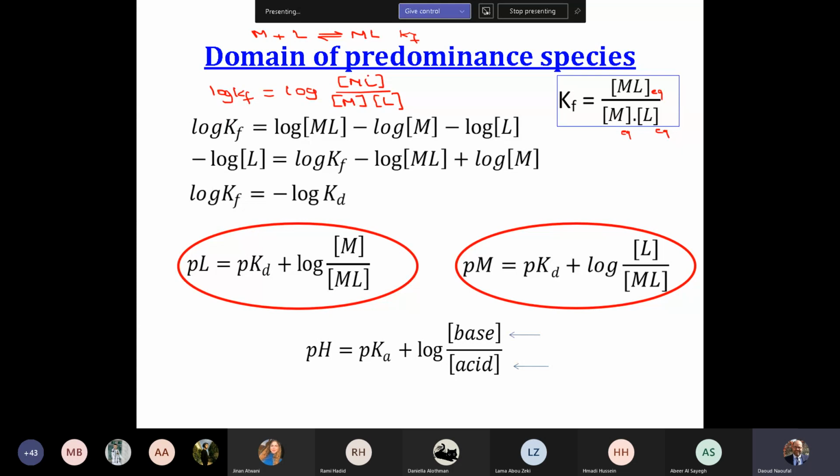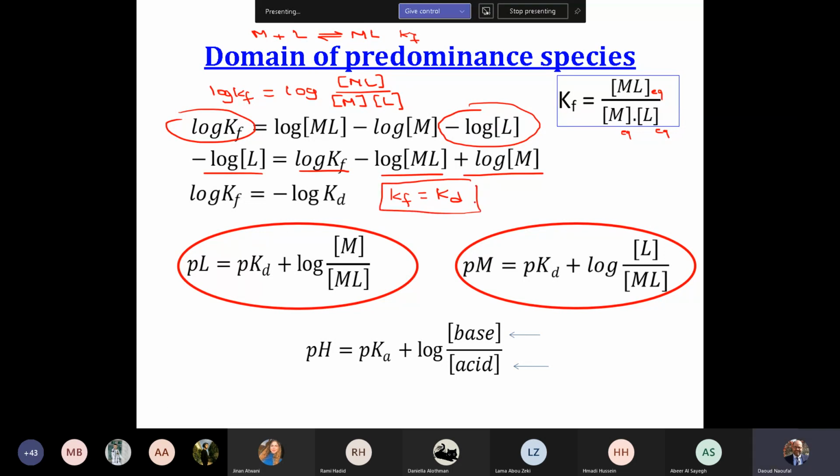So log Kf equals log ML minus log M minus log L. I will pass to minus log L equals log Kf minus log ML, and minus log M becomes plus log M. And we know that Kf equals Kd.